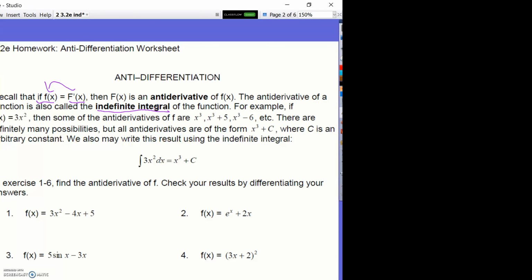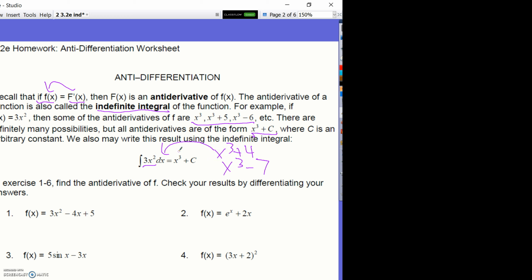And they want to remind you that that function represents a family of functions. So this is why we are always adding c at the end. Right? So if I end up with a derivative of 3x squared, I could have started with x cubed plus 4, x cubed minus 7. All of these came before this function as a derivative.